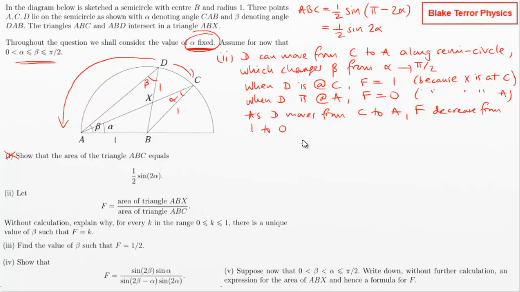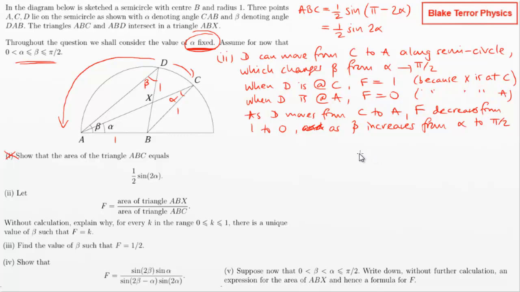What word am I trying to use here? As D moves, beta is varying. So as D moves from C to A, F decreases from 1 to 0 as beta increases from alpha to pi over 2.